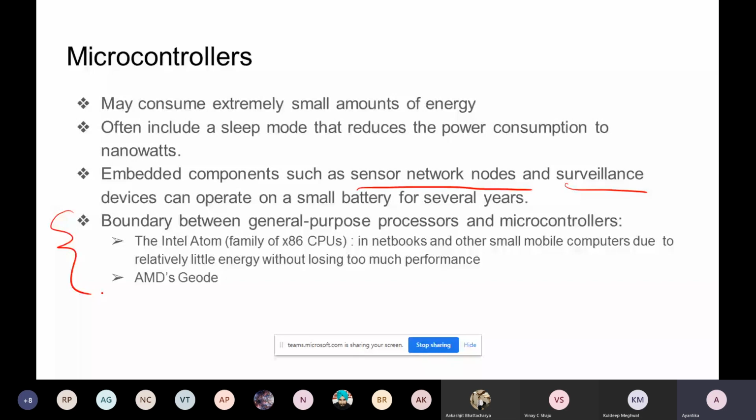But there is not much degradation in terms of performance. So these processors, based on their instruction set architecture, can sometimes be thought of as general purpose. But when you think in terms of lesser energy requirement and those features, you can think they are more on the side of microcontrollers. So we can consider them as a boundary between general purpose computing and microcontrollers.